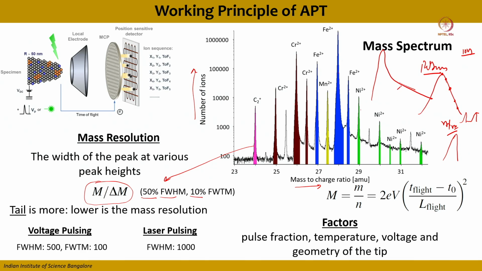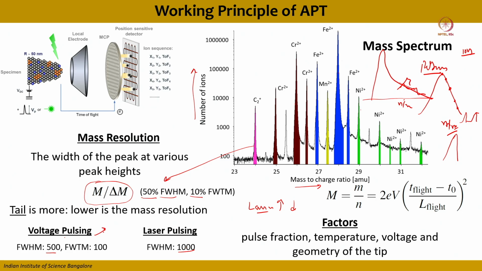This thermal tail directly affects the mass resolution, because other mass to charge ratios which can be detected here can be suppressed by these thermal tails. That's why in laser pulsing, the higher the energy, the lower the resolution. So you have to use optimum laser conditions. And this resolution, as I told you, for voltage pulsing is 500, and for laser pulsing it is much higher, around 1000.